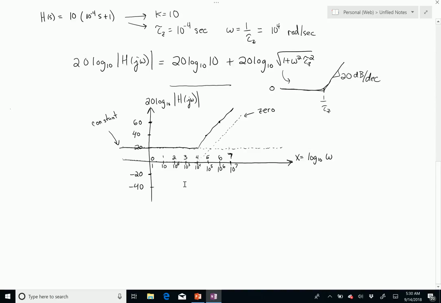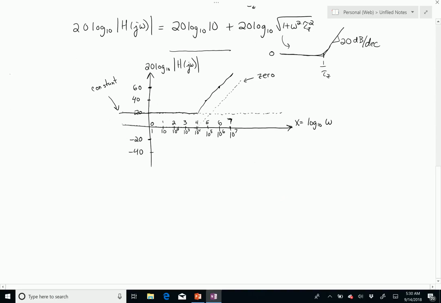All right, so we've got our magnitude. Now I want to do my phase, the angle of H of j omega. Now I don't plot the angle on a logarithmic scale, but I do plot the x-axis on a logarithmic scale.